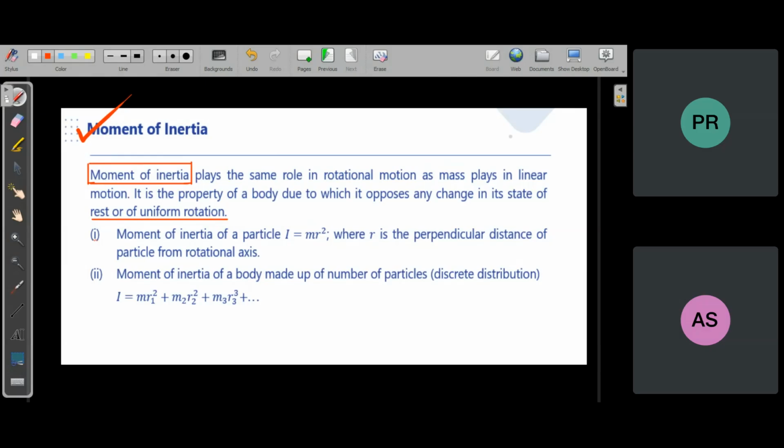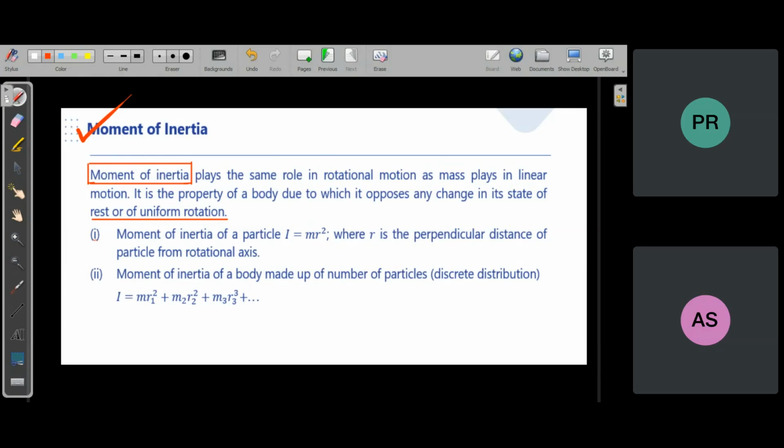On the other hand, if there is a body which is in uniform rotation, then because of this property, moment of inertia, the body will continue rotating. It will oppose any change.